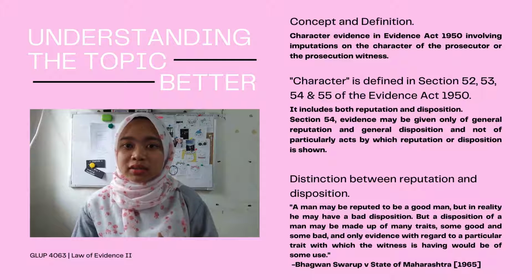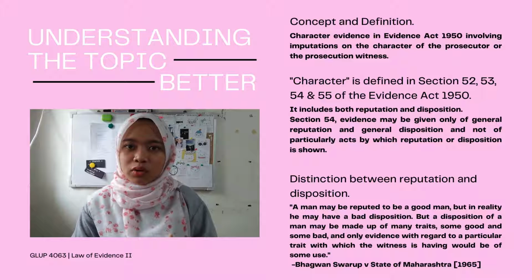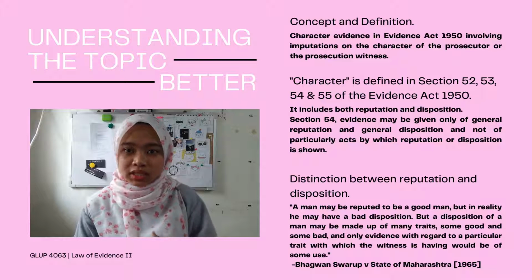It appears that the value of evidence as regards the disposition of a person depends on the witness's mind, perception and opportunities to observe, and the person's cleverness to hide his real traits.